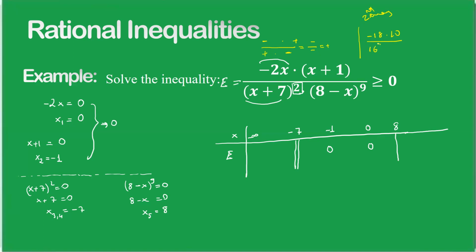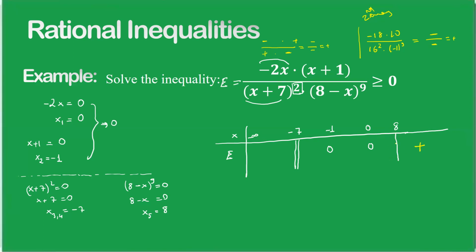It is positive. And here 8 minus 9 is minus 1, and minus 1 to the power 9 is negative. So the numerator becomes negative, and the denominator is also negative, but the result is positive. Then here the first sign is positive.